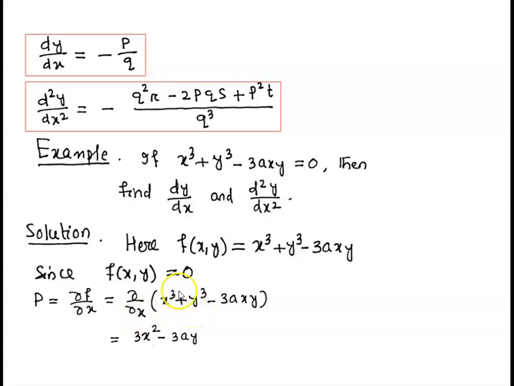So the derivative of x cube is 3x square, and since y cube is a constant, the derivative is 0. And here we have 3ay as constant, so the derivative of minus 3axy is minus 3ay.